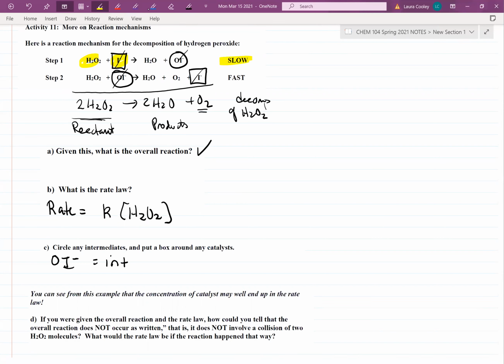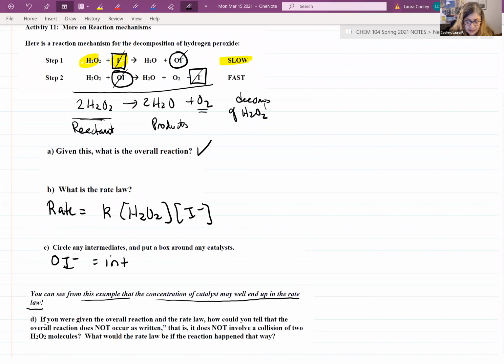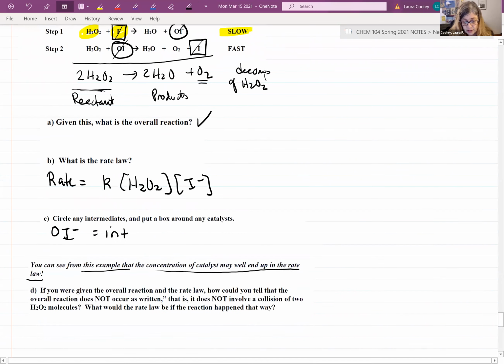The I. You have to include the I. So oftentimes, as you can see from this example, as it says here, the concentration of the catalyst may well end up in the rate law. And that's because the catalyst is really intimately involved with the slow step. So it's not unusual at all for it to end up in the rate law.